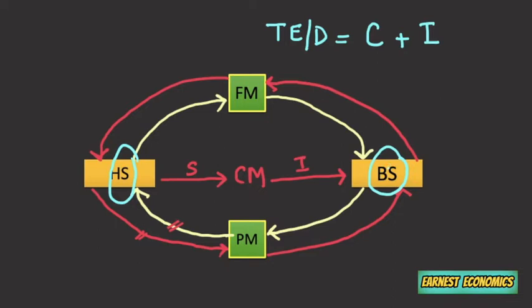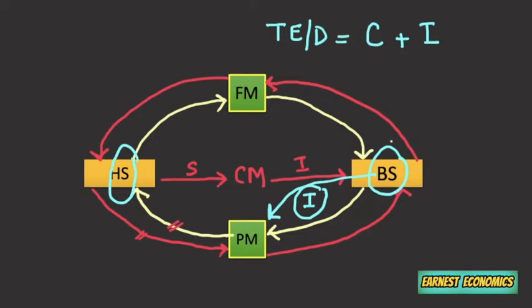It has to purchase goods, and those goods are actually produced by the business sector itself. So some firms create demand for other firms when they go for investment. You need to keep in mind that investment is an important component of the overall demand or overall expenditure in an economy.